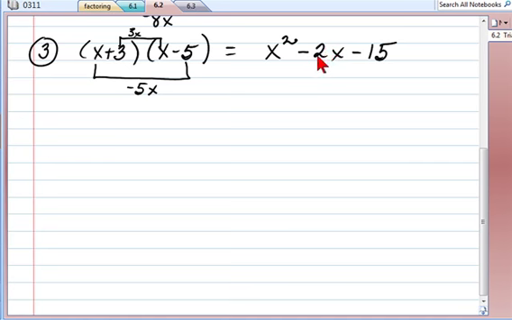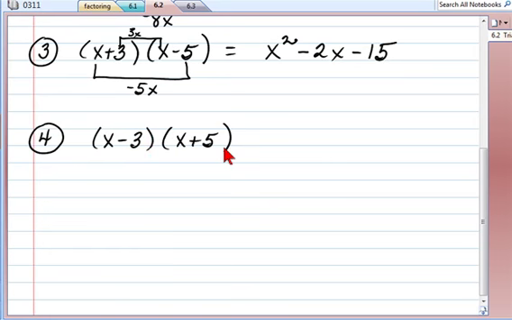Okay? All right. And the last example, before we start trying to draw some conclusions, what if I had x minus 3 times x plus 5? All right, using FOIL, the product of the first, x times x is x squared. The outer product is x times a positive 5, so it's positive 5x.